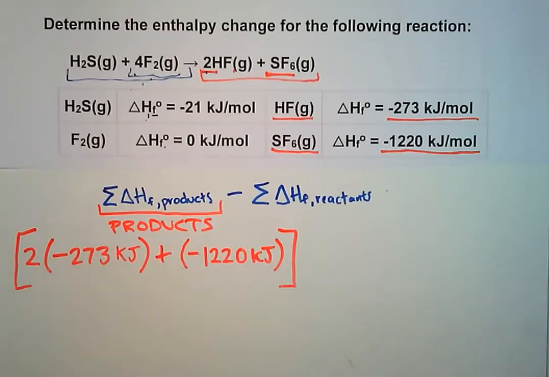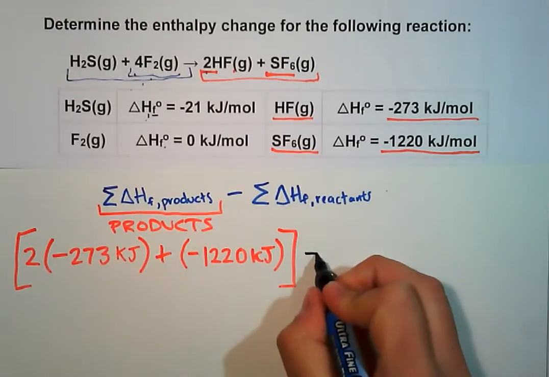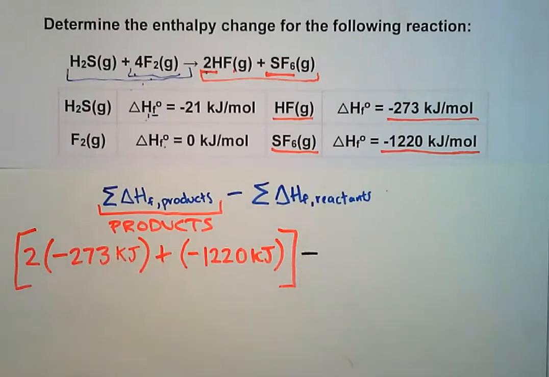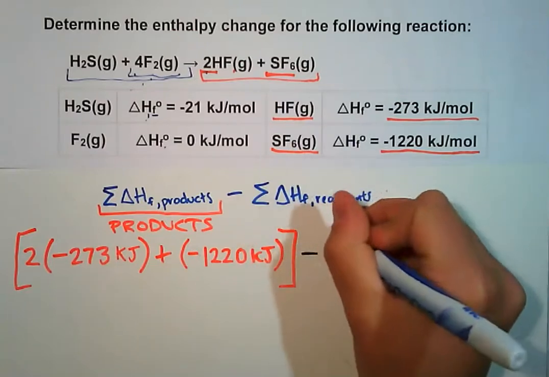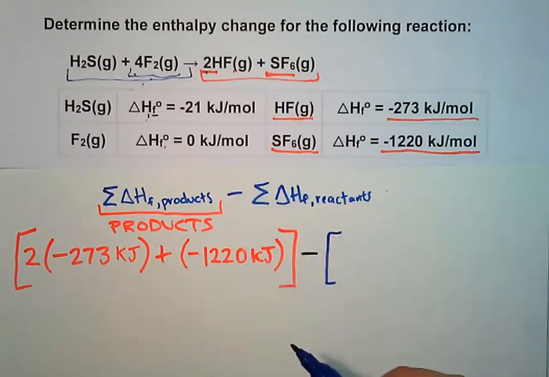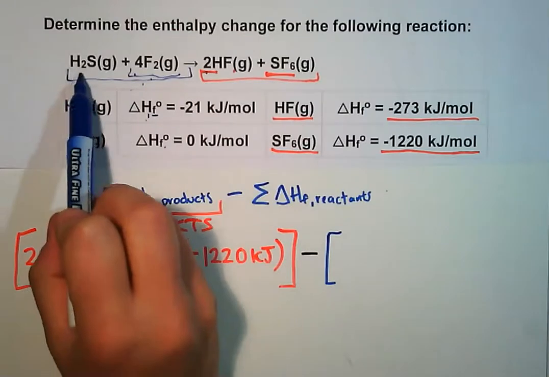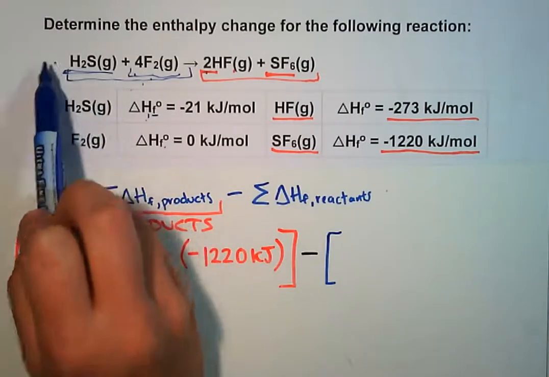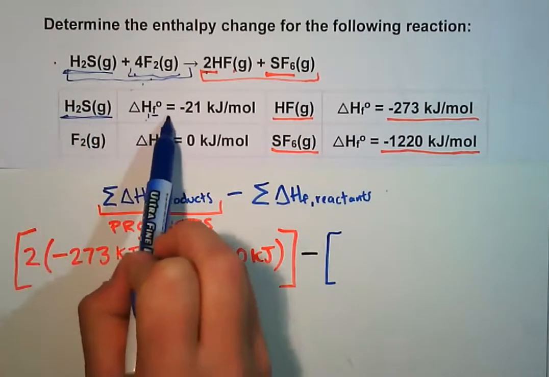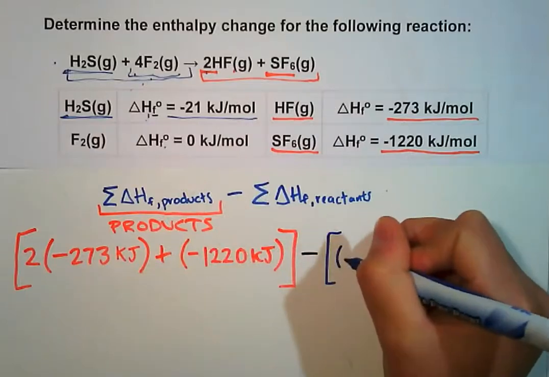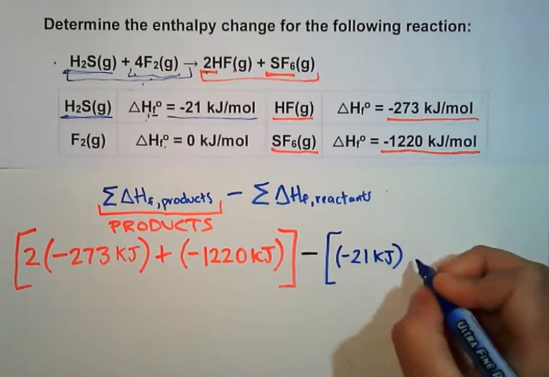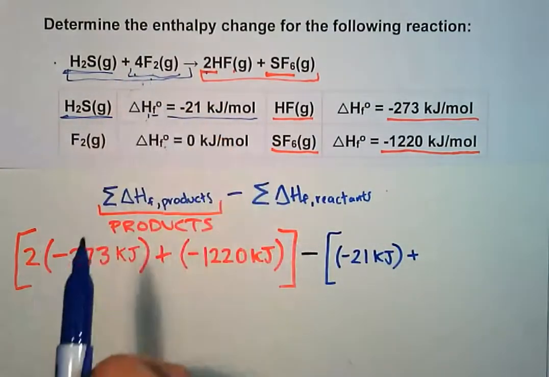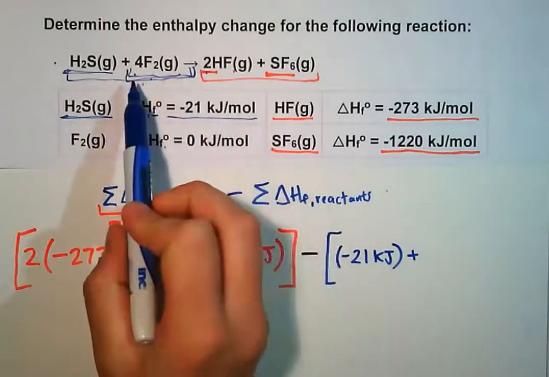And then we are subtracting our reactants, so minus, and then we're going to do our reactants in blue. Okay, open up a new set of parentheses. So one of our reactants is this H2S, which we only have 1 mole of. So H2S, 1 mole, so it's just negative 21 kilojoules. Okay, and then our other reactant is F2, which we have 4 of.